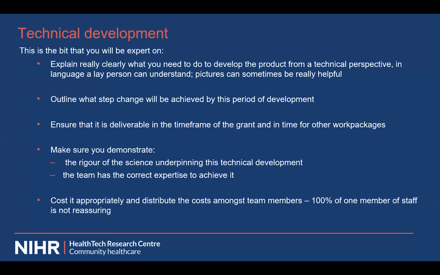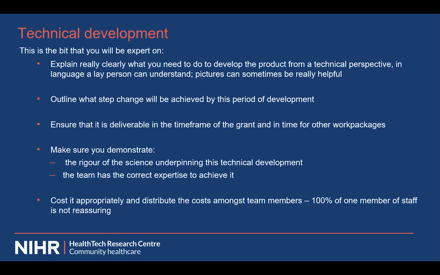And just a few thoughts from reading a lot of these applications: it's really important that you explain what you need to do to develop the product from the technical perspective in language a layperson can understand, because the committee really won't understand a lot of the technical details. Some pictures can be helpful. Many pictures which are very technical are not all that helpful because we don't understand what all the graphs mean.